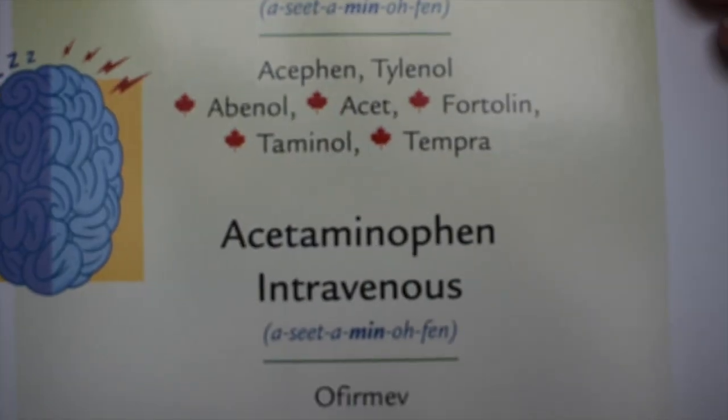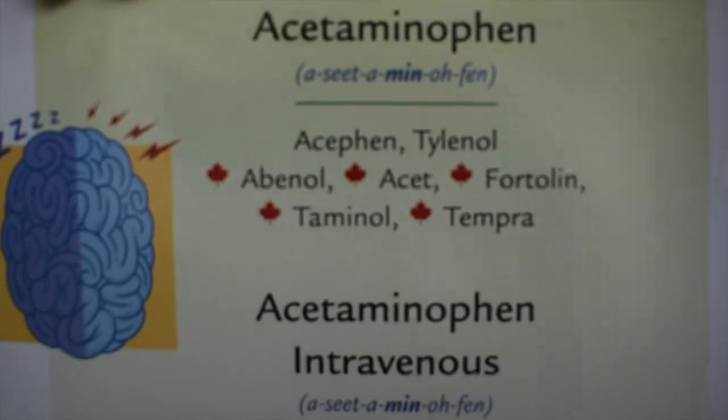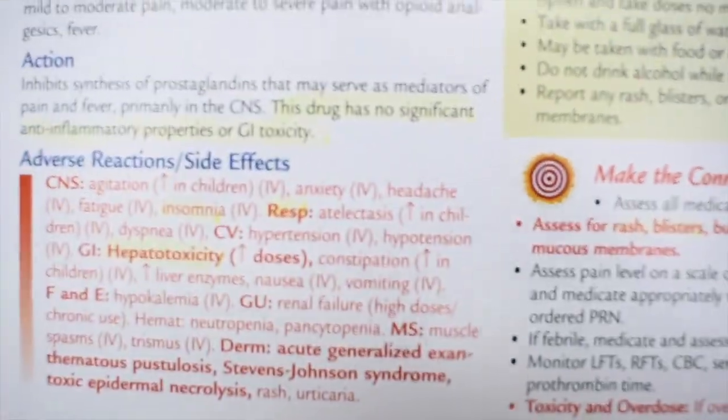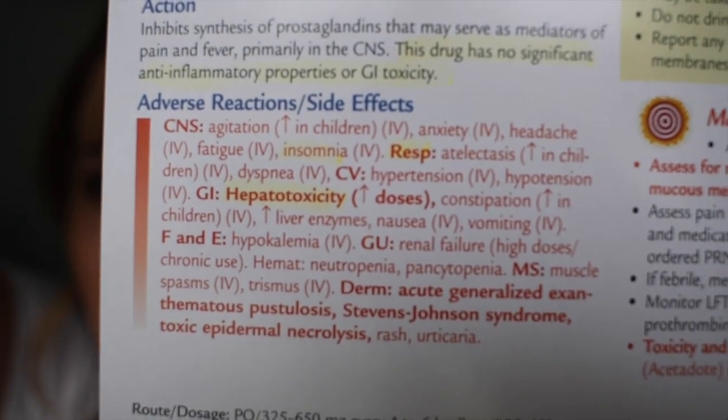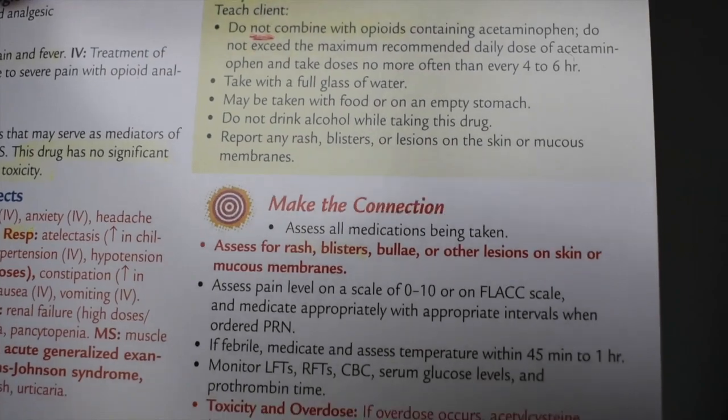This is what the drug card looks like, with the different names for what we know as acetaminophen. And then this is the back, with all these side effects and all this stuff, so you can really get an idea of how much is on them. When I first started class, I thought, oh my god, there's way too much, I don't need to know all this.